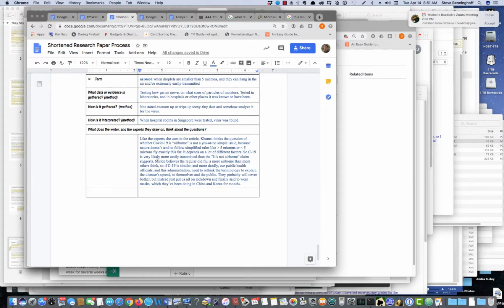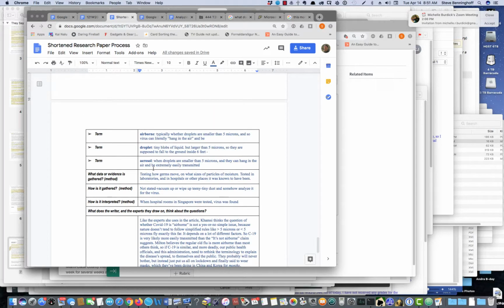So COVID-19 is very likely more easily transmitted than the "it's not airborne" claim suggests. And Milton is saying this about the regular old flu, and this helps us realize why it is that we are now wearing masks and trying to be careful, and the social distancing is working, but an awful lot of people are getting sick, and an awful lot of people are dying.